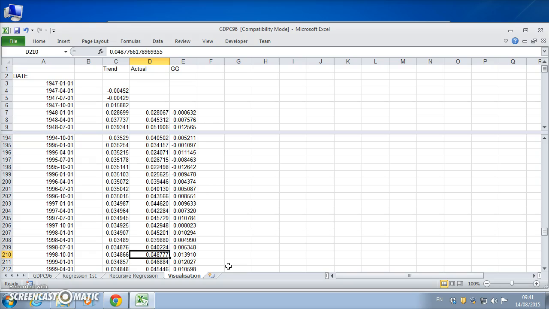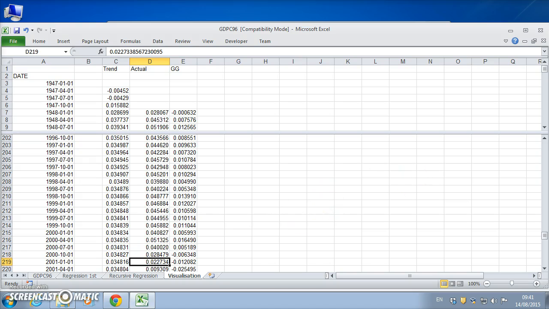This would have coincided with the later stages of the Clinton administration, and then 2000, the millennium bug, and 2001 very low, 2.2%.